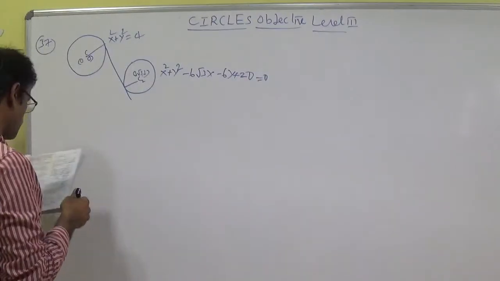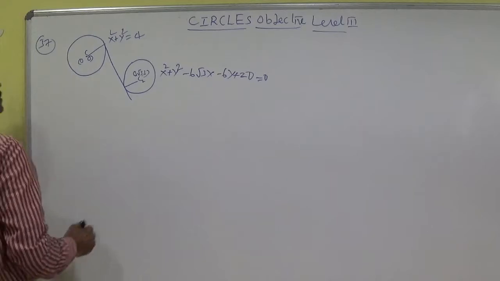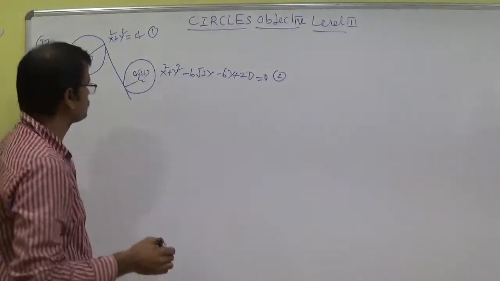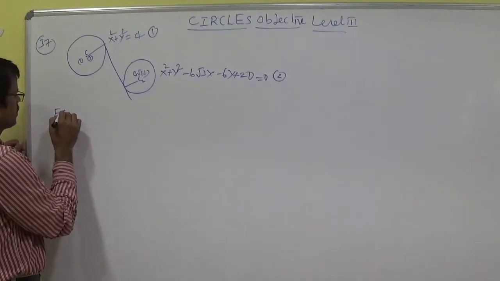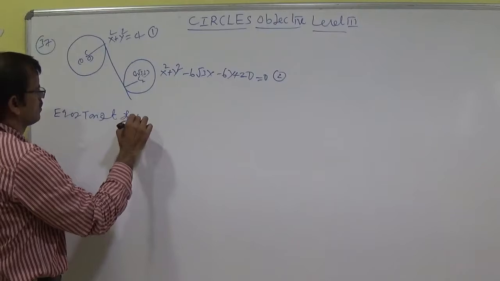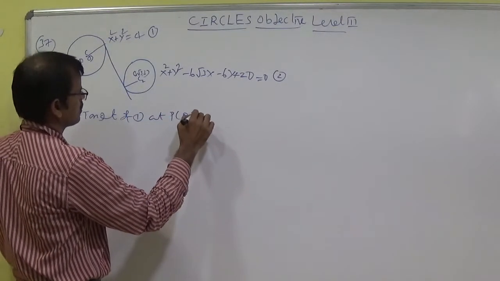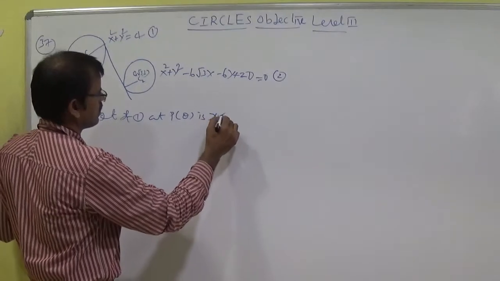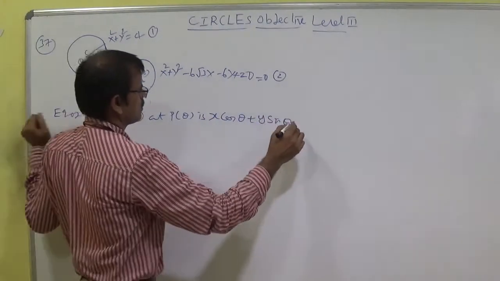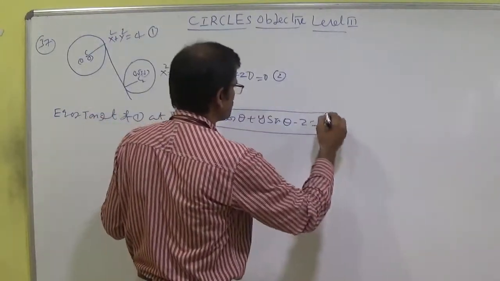The equation of tangent to the first circle at P theta is, by the formula, x cos theta plus y sin theta is equal to r. So x cos theta plus y sin theta minus 2 is equal to 0.